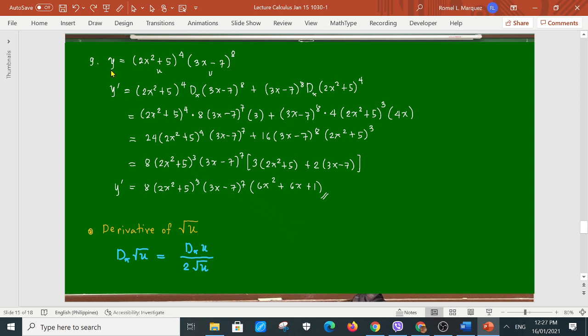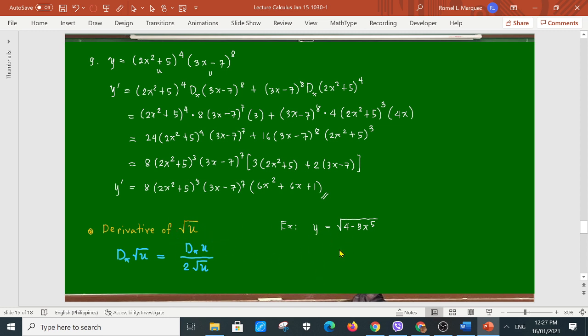So let's illustrate that. Example, if I have y equals square root of 4 minus 3x to the fifth, you can go directly without changing to power form. Remember, this is just for square root.